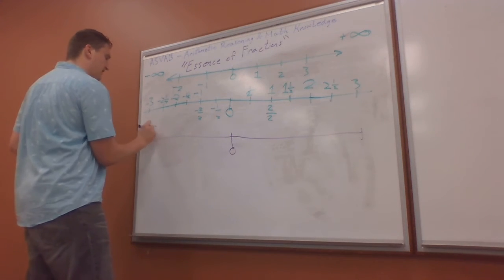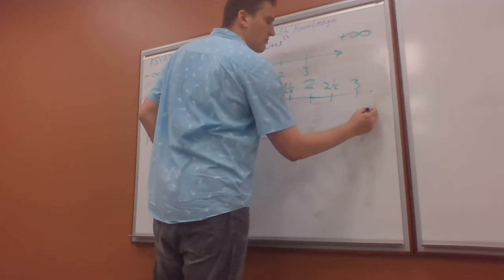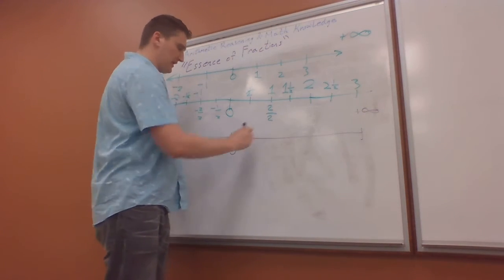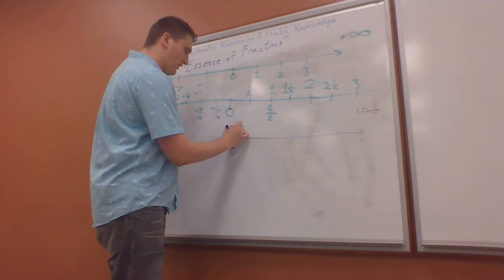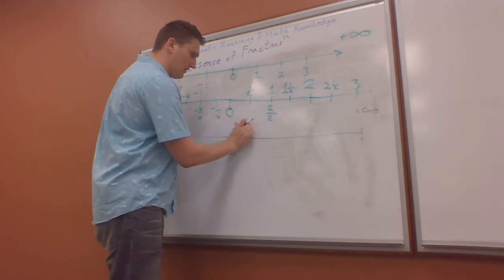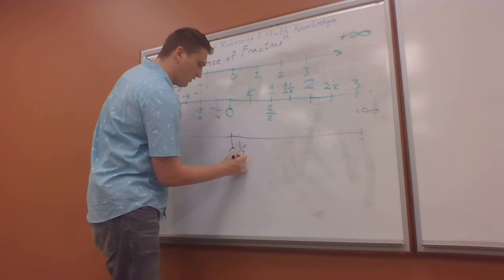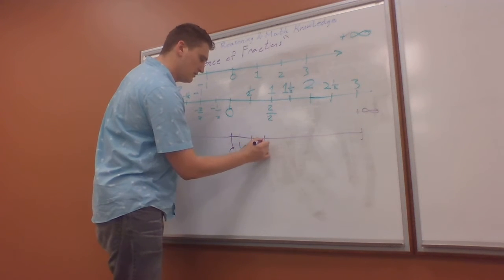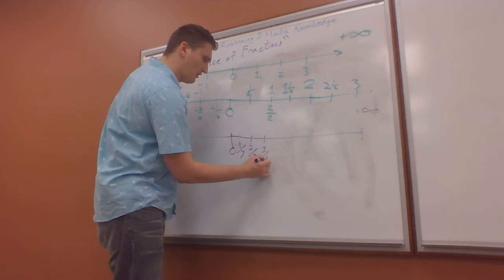So there's -infinity. There's my +infinity. I want to count by thirds going this way. So I have 1/3. I'm going to do it a little bit bigger here. 1/3, 2/3, 3/3. Oh, but that's equal to 1.